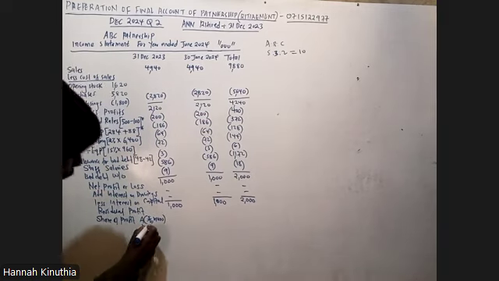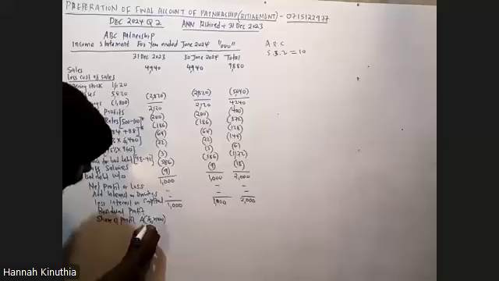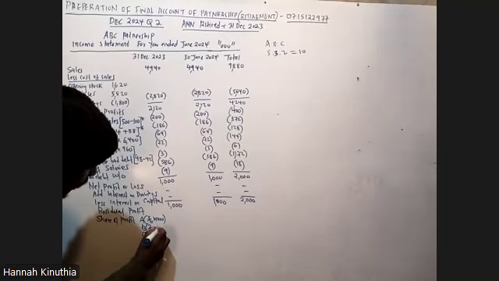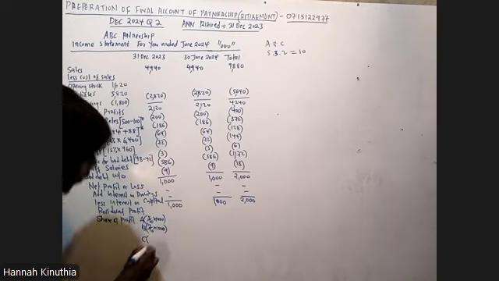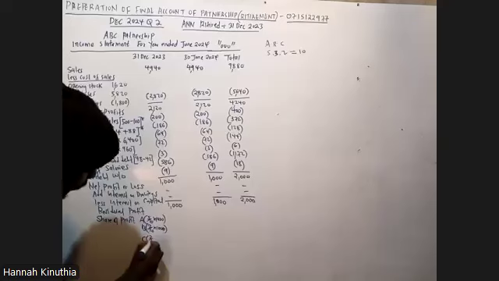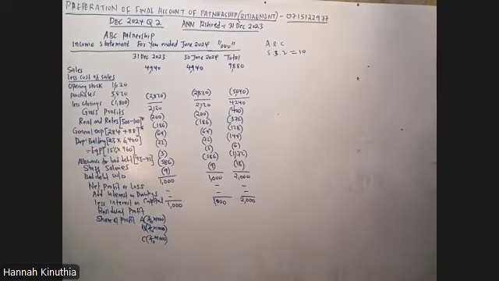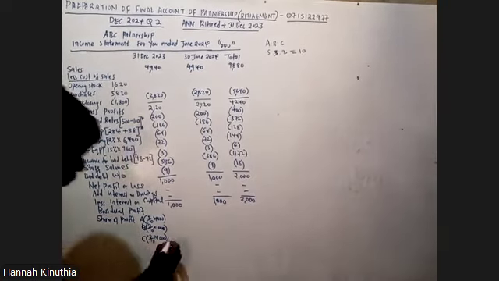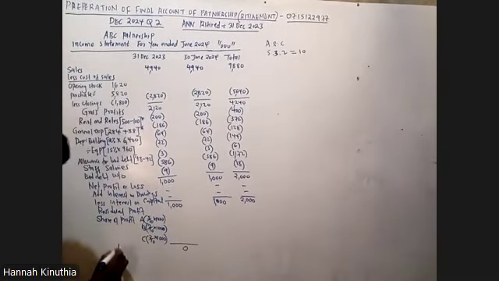Huyo mwingine itakuwa ni 3/10 times 1000. And then partner C atakuwa ni 2/10 times 1000. So let us find the figures so that the balance hapa itakuwa ni 0.